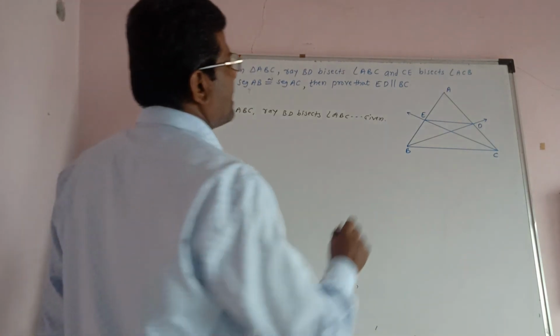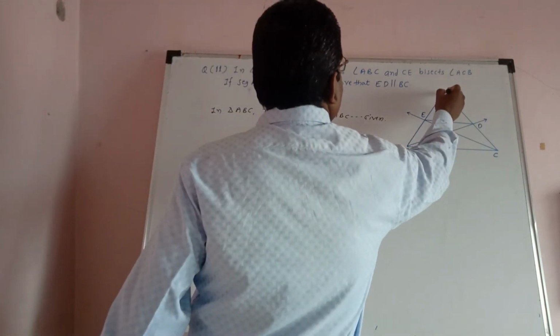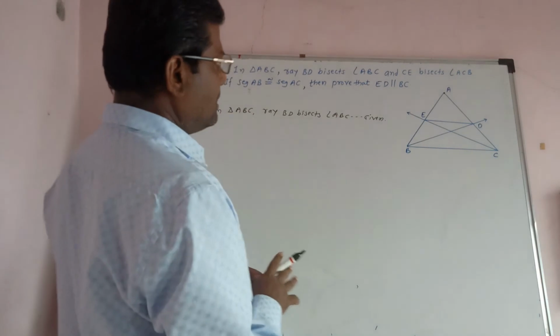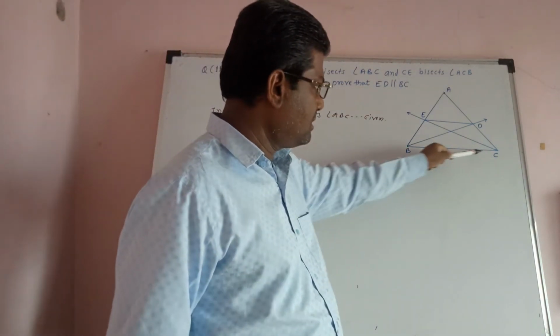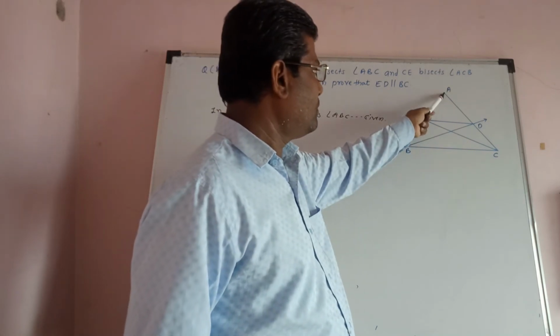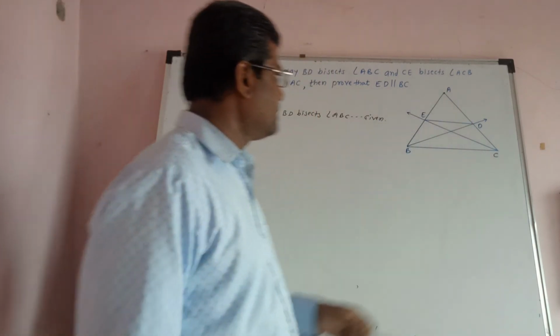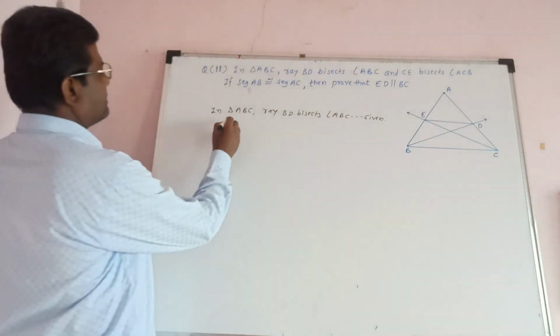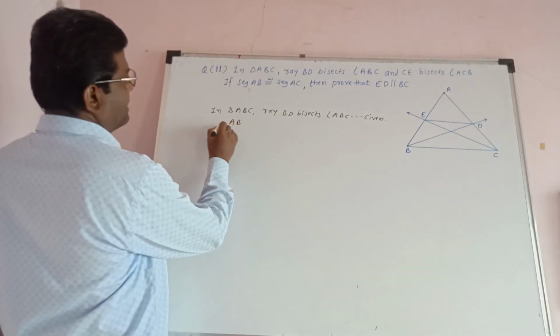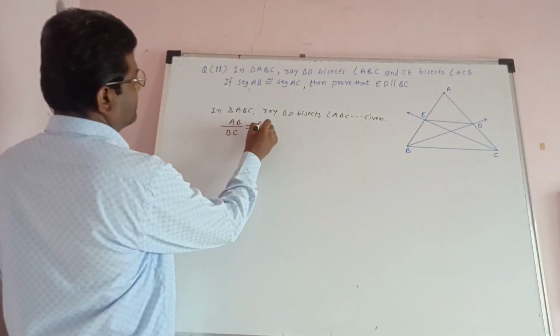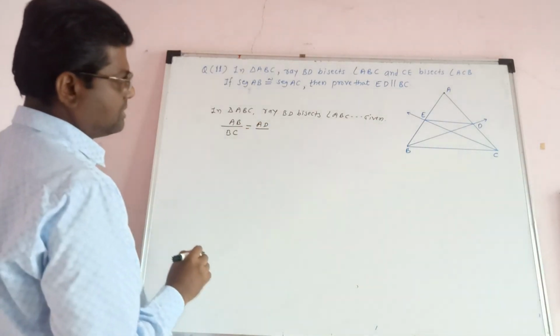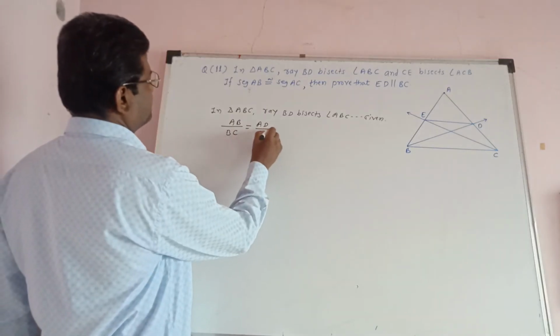Then according to the angle bisector property, from starting A, ratio will be AB upon BC is equal to AD upon DC.